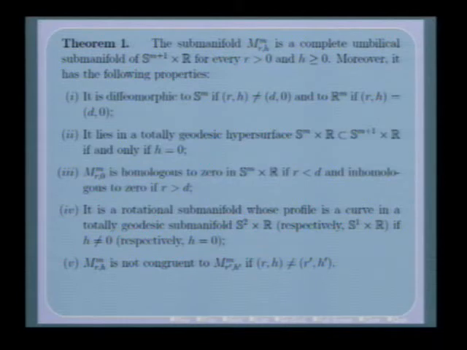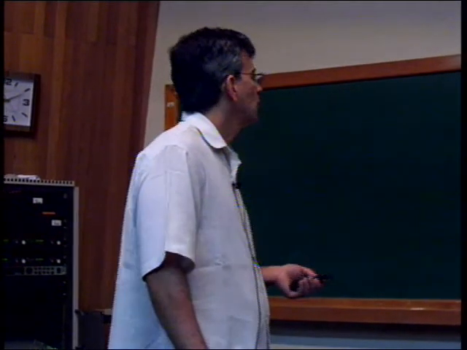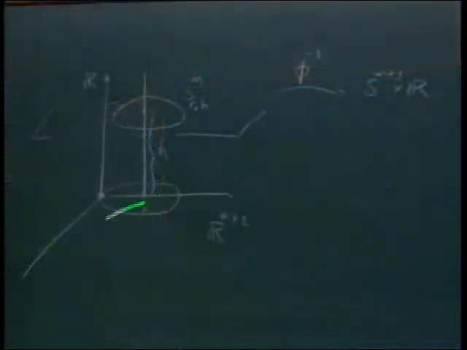So this part of the statement explains what the geometry of such a submanifold is like as a submanifold of the product space. It's a rotational submanifold in a precise sense that I will give later. And the profile curve is a curve in a totally geodesic submanifold S2 cross R, or could be S1 cross R if it's the image of a sphere whose center is at x bar.